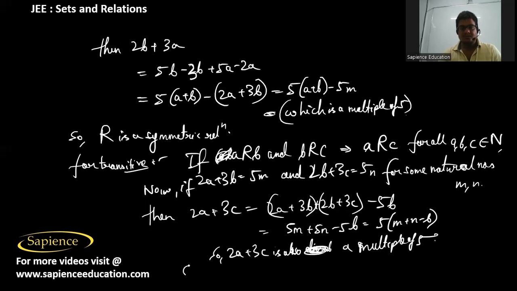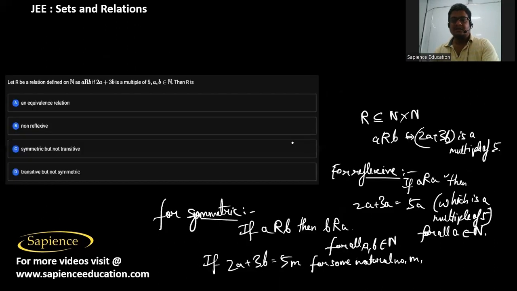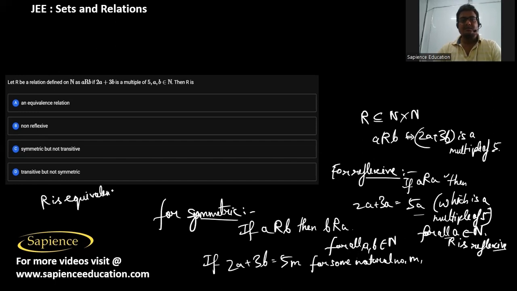So R is a transitive relation also. So R is transitive, R is symmetric, and R is reflexive also. So hence R is an equivalence relation. So option A is the correct answer.